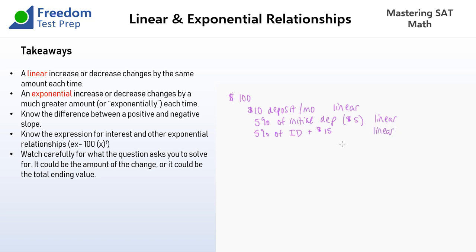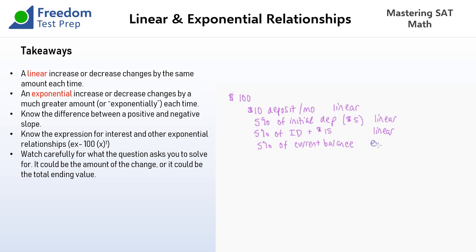It's still linear. Now, what if they said, we're going to put in 5% of the current balance? Well, the current balance goes up every month. So 5% of a changing number is always going to be different.